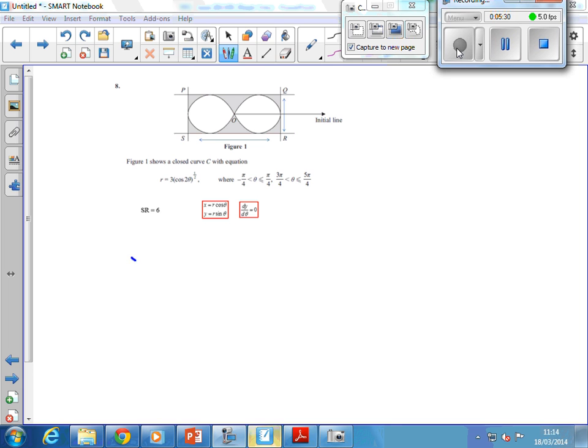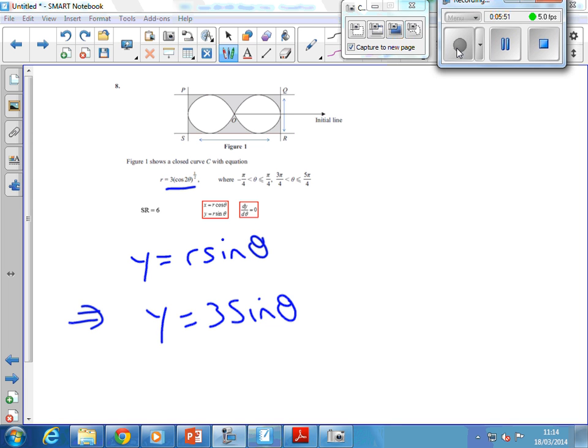Okay, so y is equal to r sine theta, which implies, since r is equal to 3 cos 2 theta to the power of a half, y is equal to 3 sine theta cos 2 theta to the power of a half.